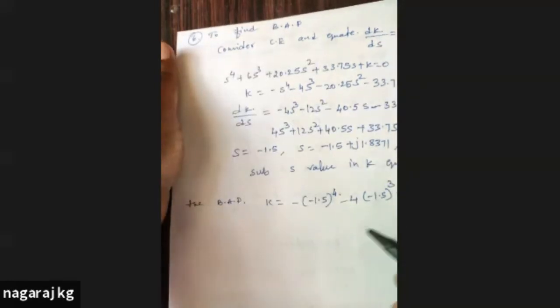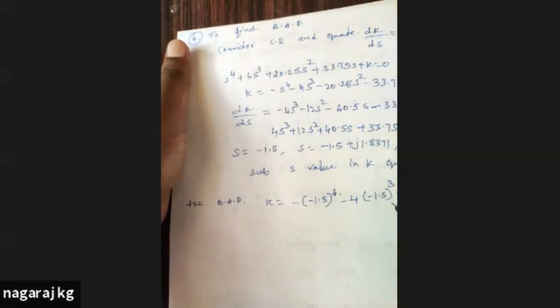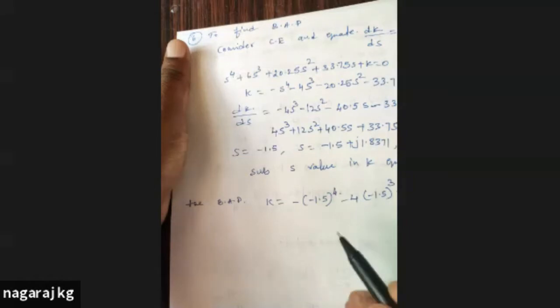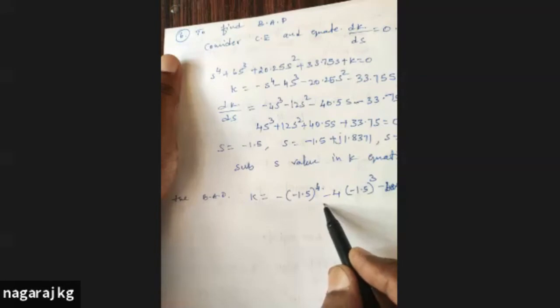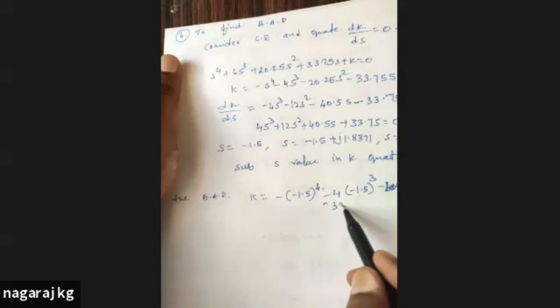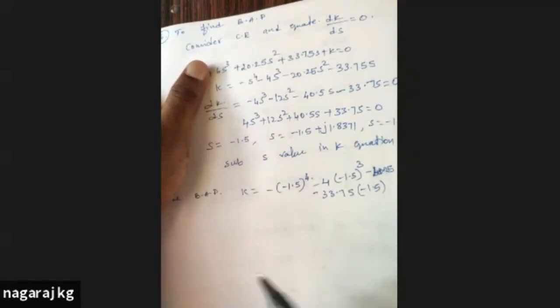That is minus 1.5 to the power of 4, 4 into s to the power of, so this magnitude is 20.25, 20.25 into minus 1.5 whole square. Same way, minus 33.75 into minus 1.5. When you calculate this K value, you see how much you are going to get.